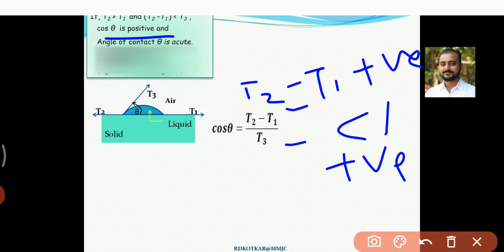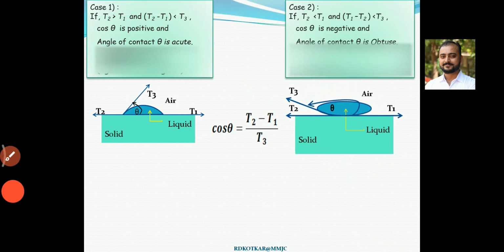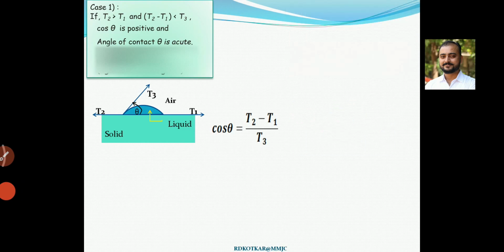and it forms the shape of the meniscus as a convex meniscus. The example is kerosene in a glass. So look again at what I am saying. For this case, T2 minus T1 should be positive and less than T3.